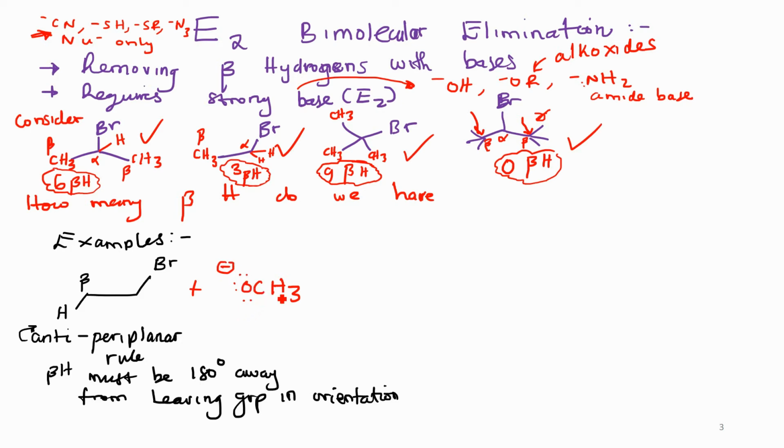So I have my OR negative. This can play the role of a strong base, strong nucleophile. But usually, to avoid SN2, which competes with E2, we usually use a protic solvent.